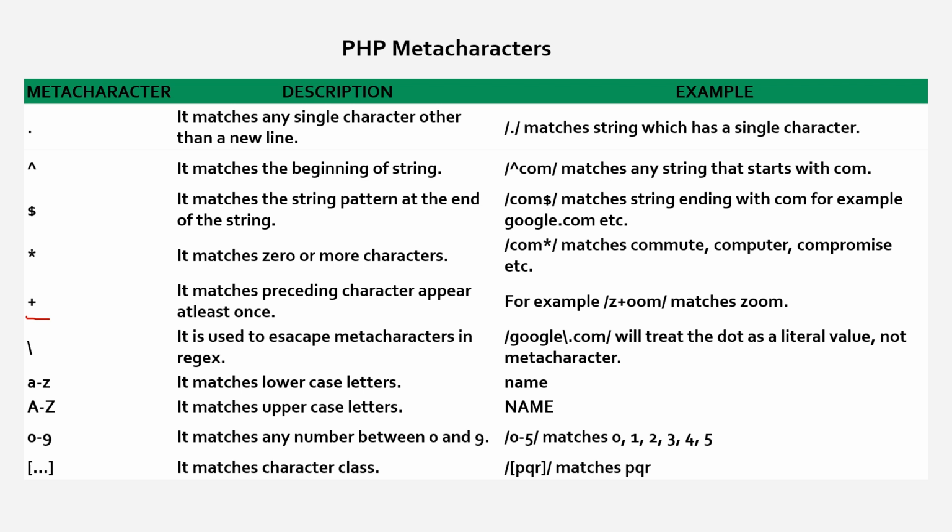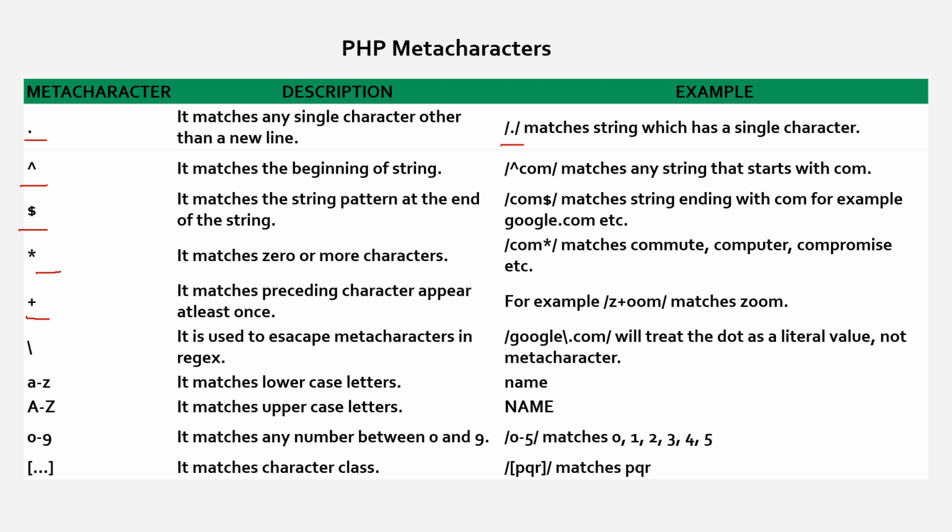Here, the pattern starts with a forward slash and ends with a forward slash. That way we need to specify. The dot refers to any single character. Caret refers to the beginning of the string and dollar to the end of the string.